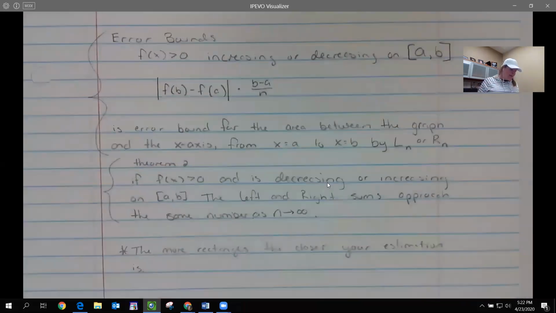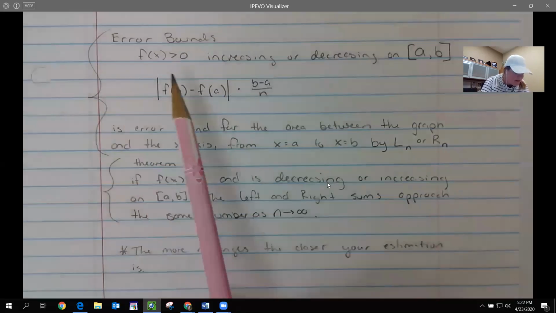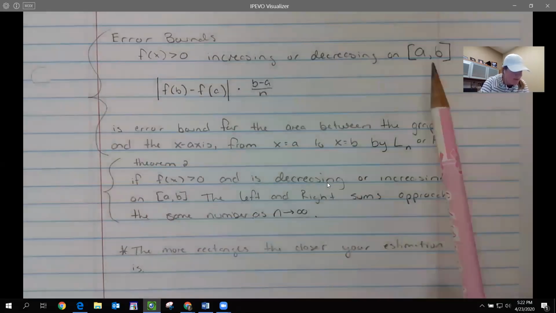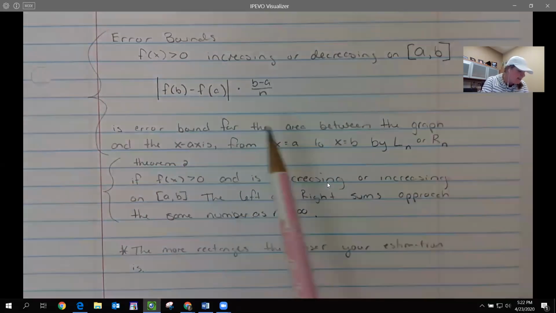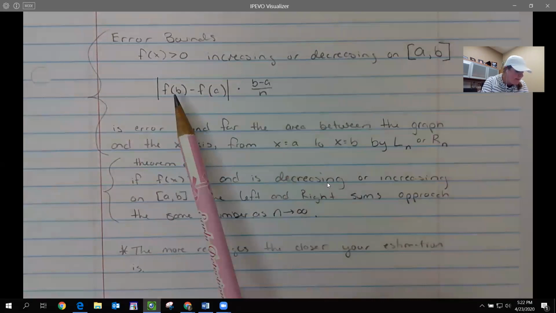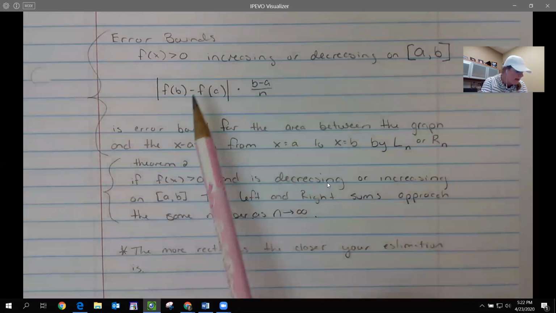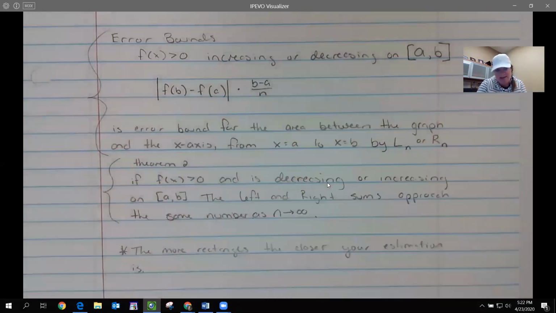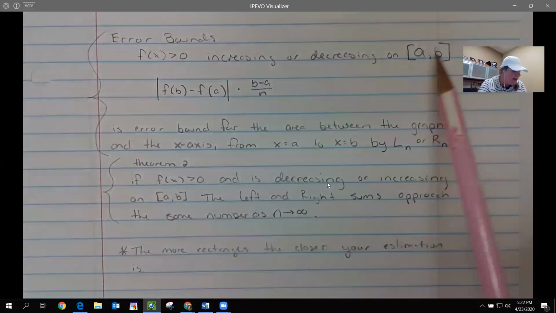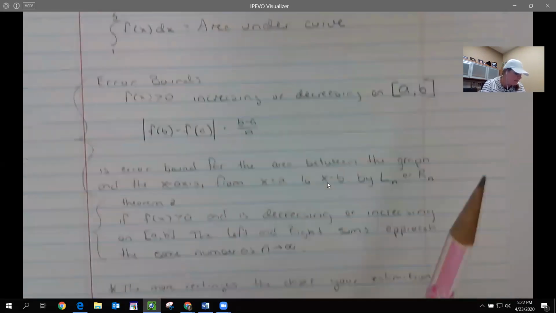So what are error bounds? Error bounds: the function is greater than 0. It's either increasing or decreasing from A to B. Okay? And it's saying to take B minus A into the function, that's our Y value, absolute value of that, times B minus A over N. N is going to represent the number of rectangles, okay?